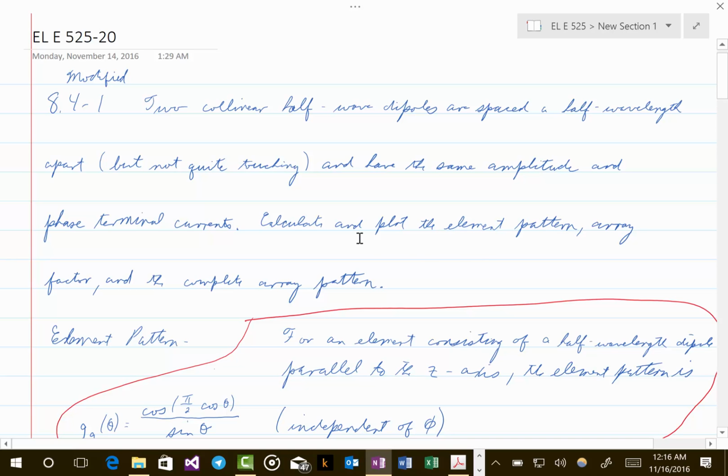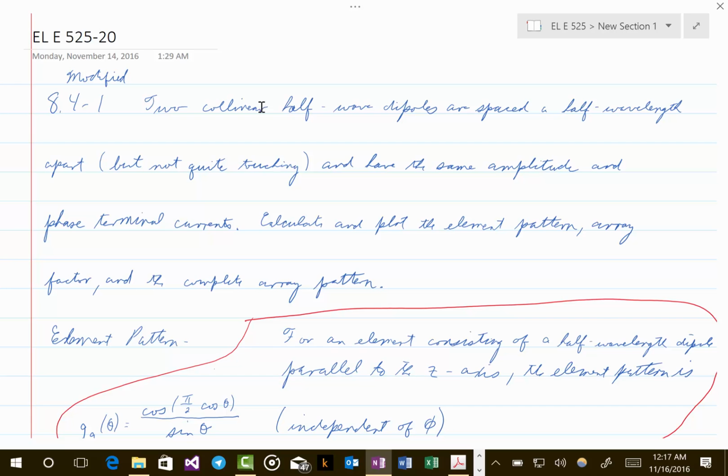The first thing that I want to call your attention to is that what makes this problem different from some of our previous problems is that we have half-wave dipoles. Now the terminology collinear means that these two dipoles are oriented along one and the same line. In this case, that is the z-axis.